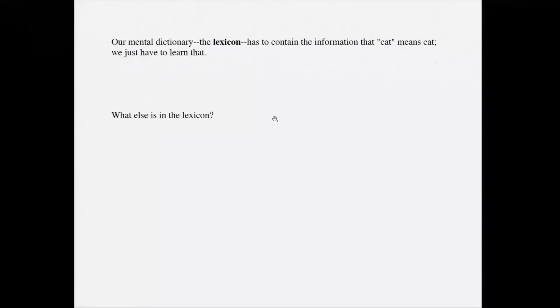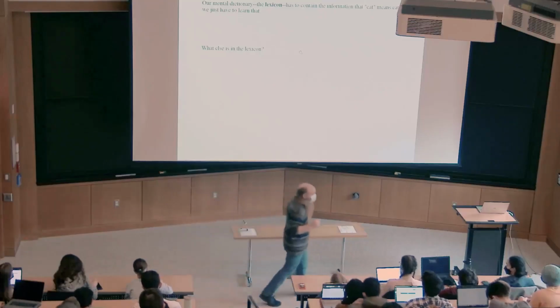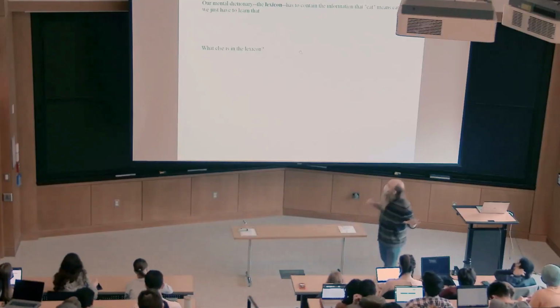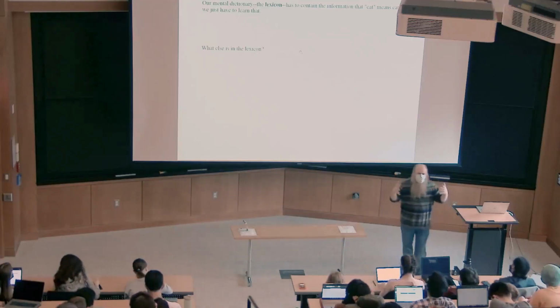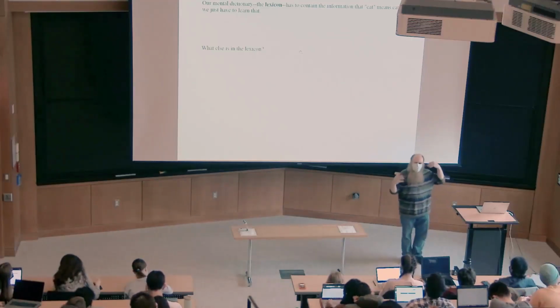So if we're trying to make a list of everything that you know about your native language, if we're talking about English, one of the things that we've got to list is that the word cat means cat, right? And that's one of the many bits of information that's in your head. It doesn't follow from anything. We've just got to learn that. So now let's think.